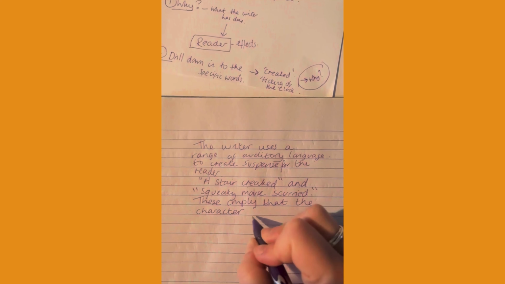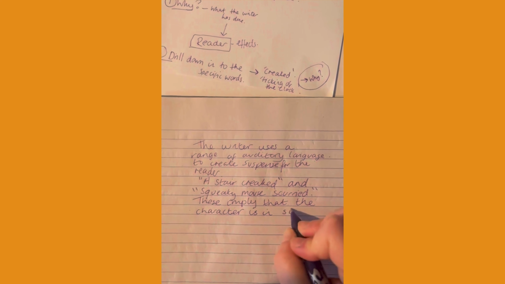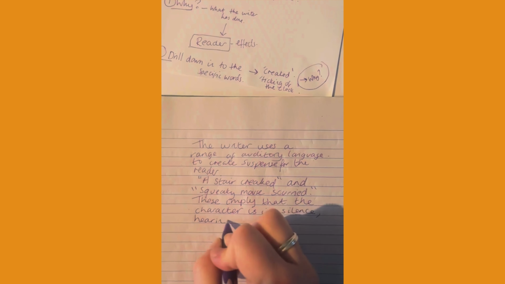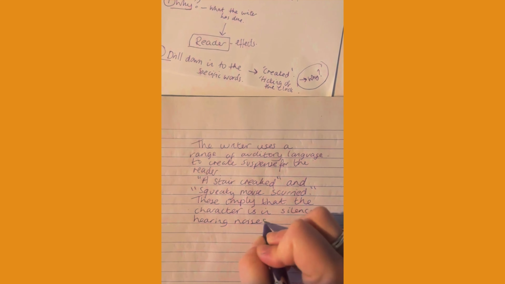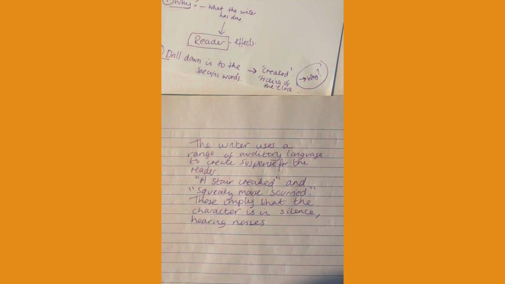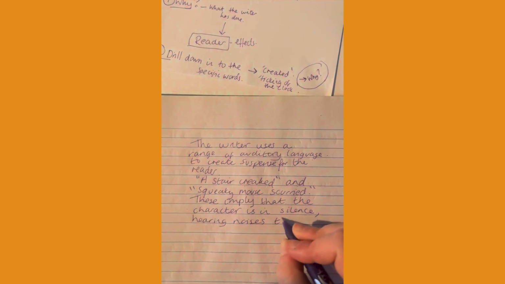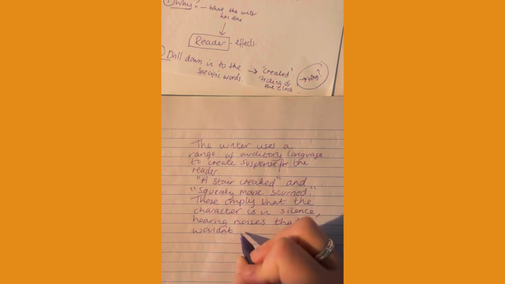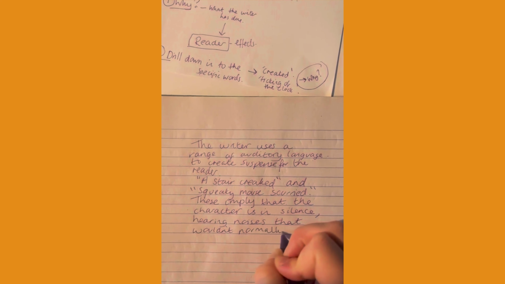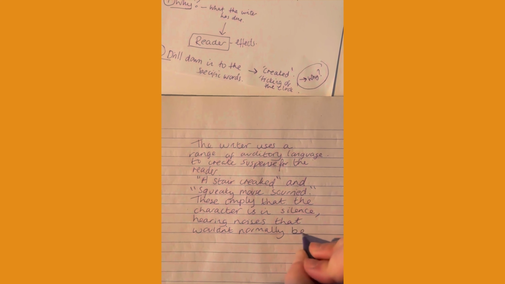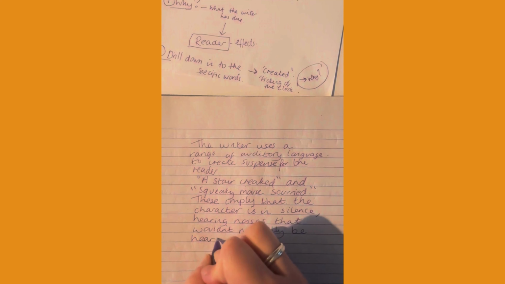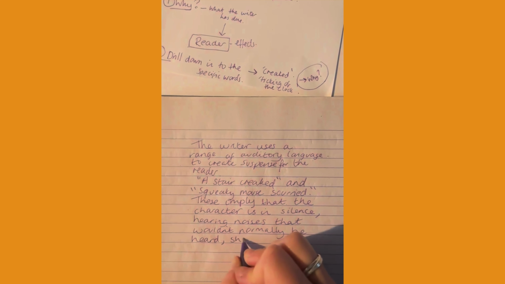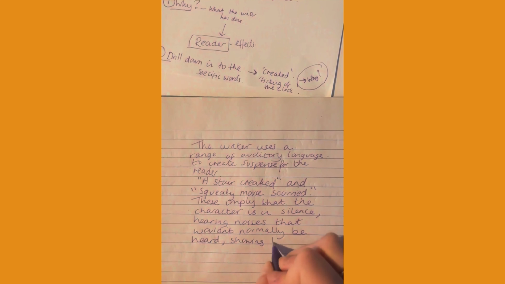The character is in silence, hearing noises, because that's what auditory language is. We know that, that's why it's been used. Hearing noises that wouldn't normally be heard. And this is showing their fear.